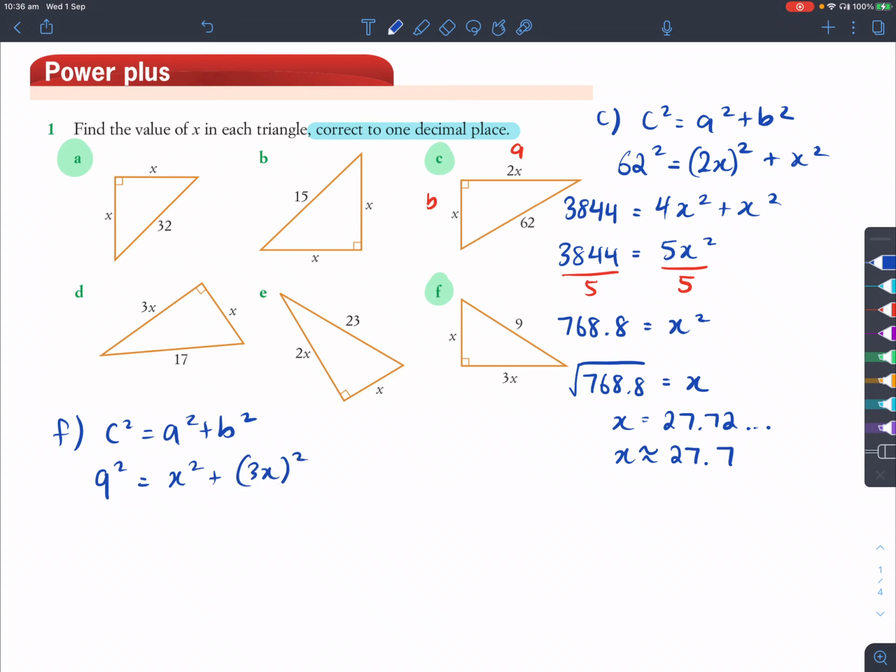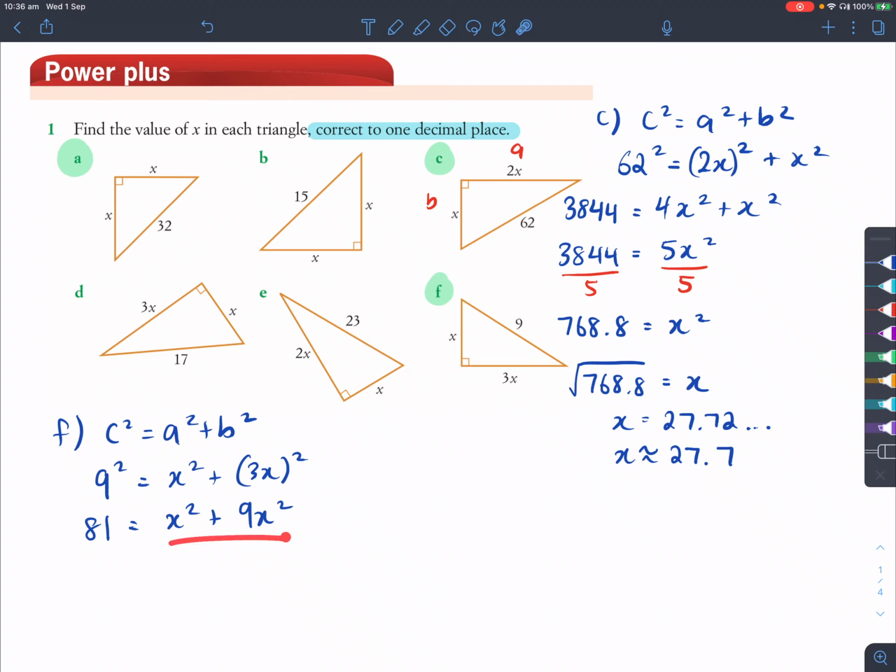Like that. Now 9 squared, as you know, is 81. x squared is just x squared. And if you square 3x, that means the same thing as 3x times 3x. So 3 times 3 is 9, and x times x is x squared, so we'll get 9x squared.